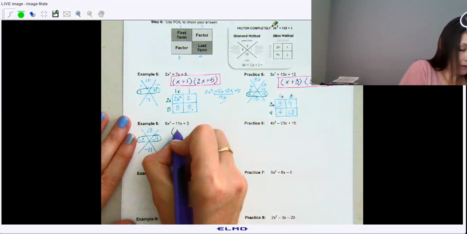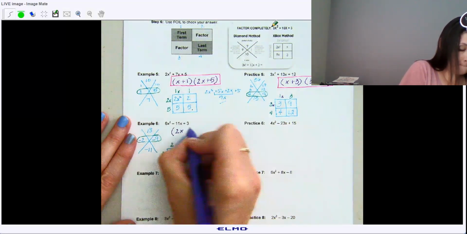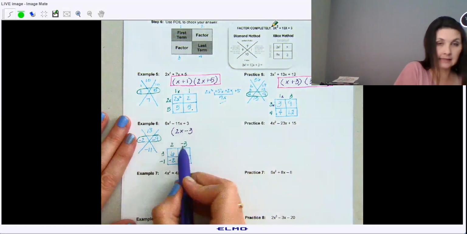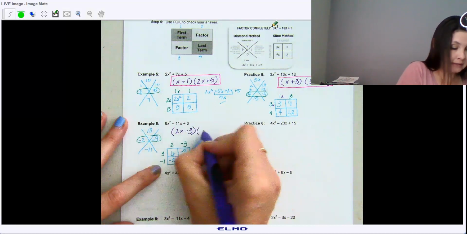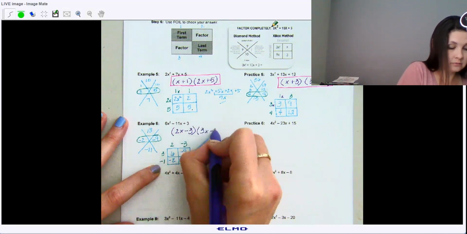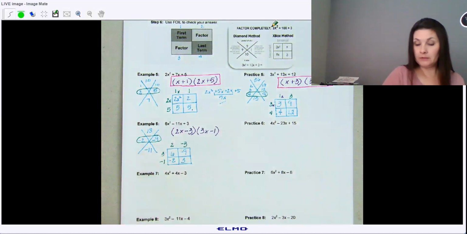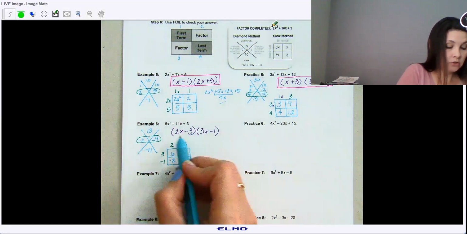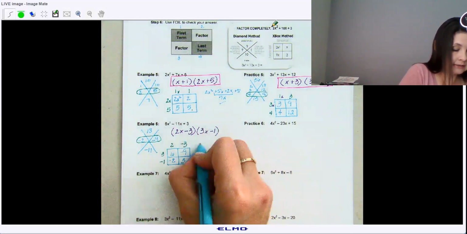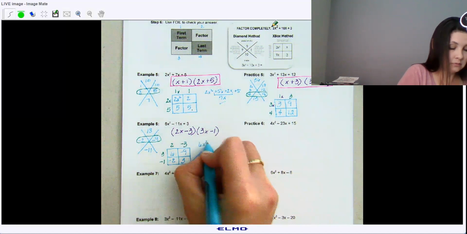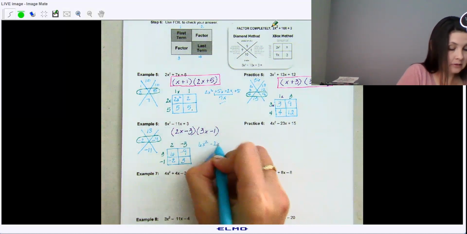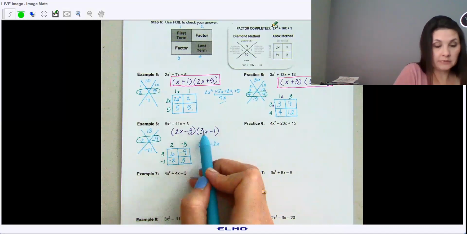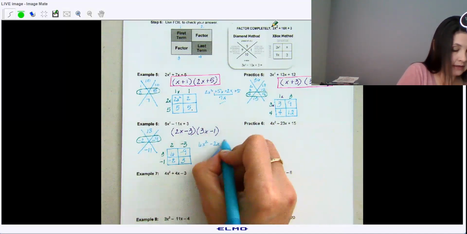So I have 2x minus 3, because that's a negative 3. And then I have 3x minus 1. Okay, so now I am going to use FOIL to double check. 2x times 3x is 6x squared. 2x times -1 is a -2x. -3 times a 3x is a -9x.